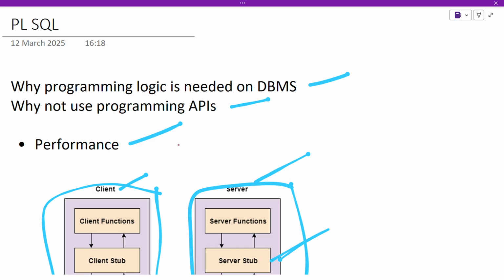We should know how to access them and how to call them. Triggers we cannot call. These are the major database objects: procedures, triggers, functions, and cursors.